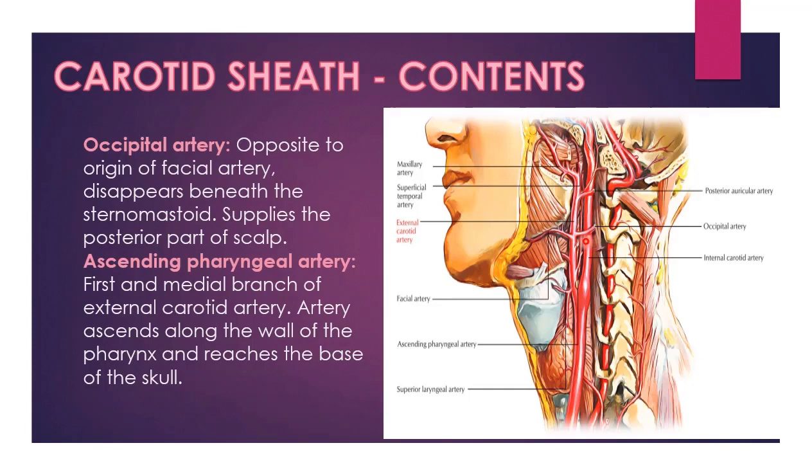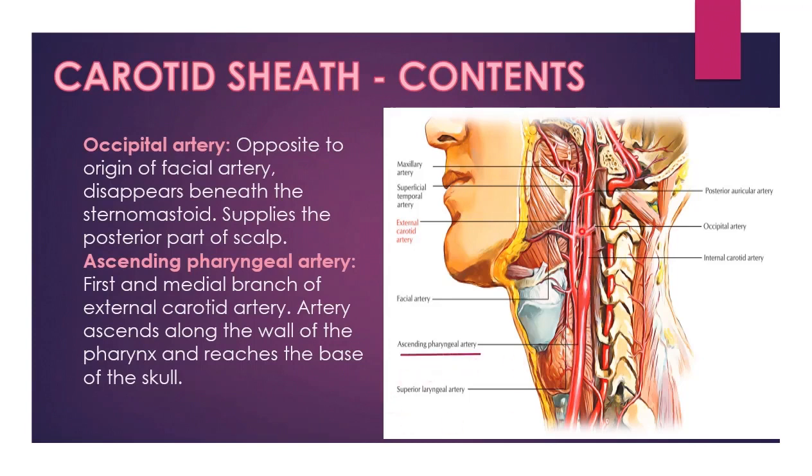It also supplies tympanic branches, and it might give a meningeal branch, supplying the meninges deep inside the skull. So it gives meningeal branches and a tympanic branch, apart from supplying the pharynx. That is about the ascending pharyngeal artery.